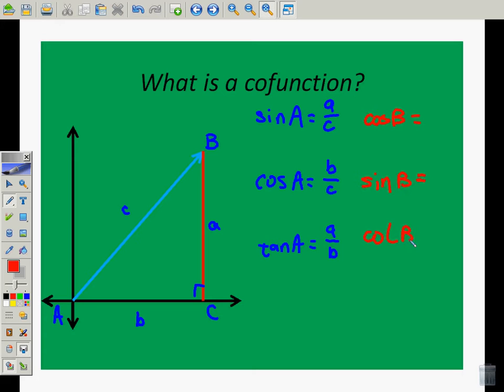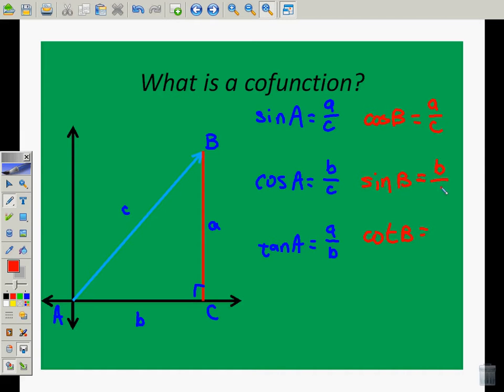Okay? Stick with me. Here we go. The cosine of B is going to be adjacent over hypotenuse. See how we're relating here? The sine of B is going to be opposite over hypotenuse.